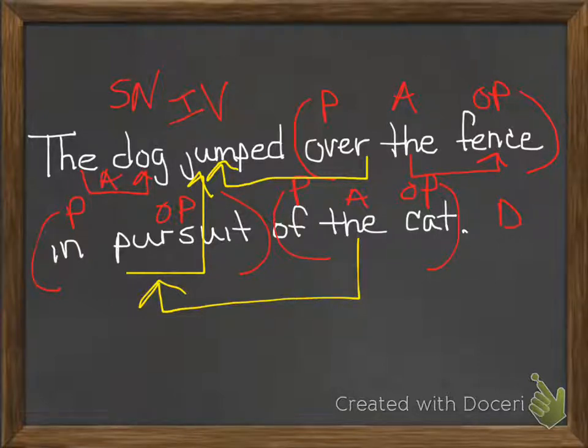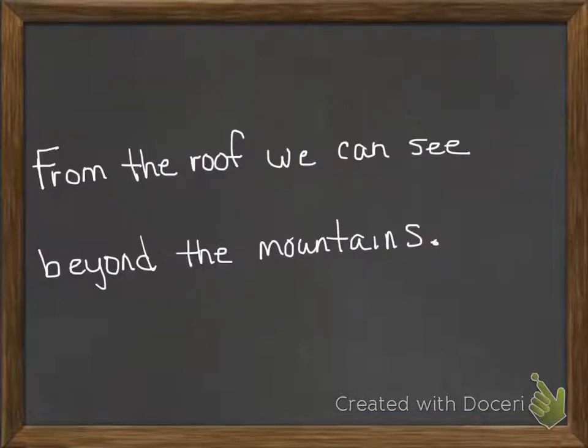And the thing we need to note is that the two adverb phrases that we need to be concerned with are over the fence and in pursuit, because that's what's modifying the verb.